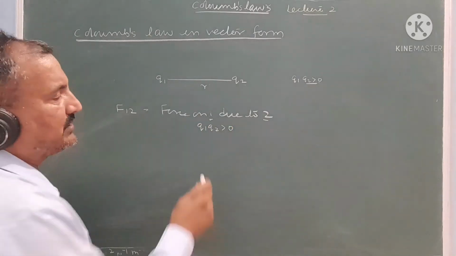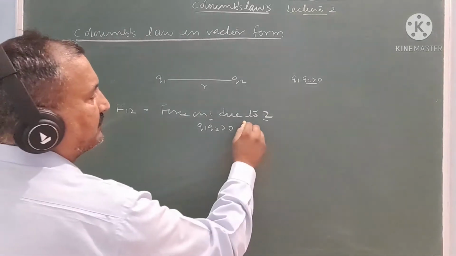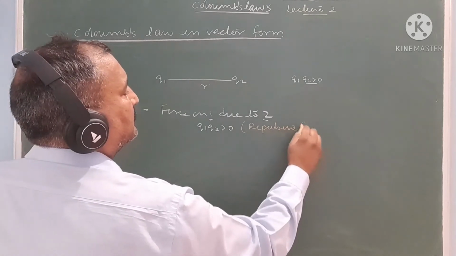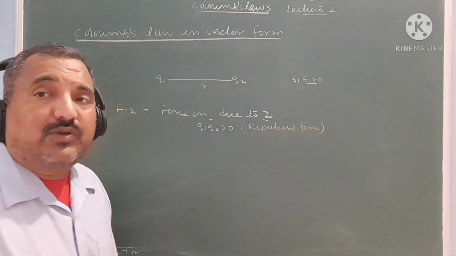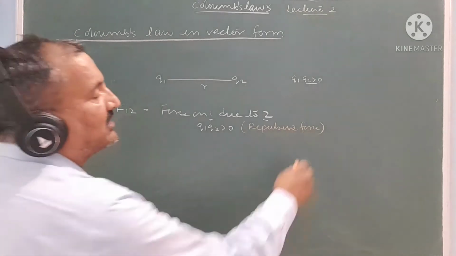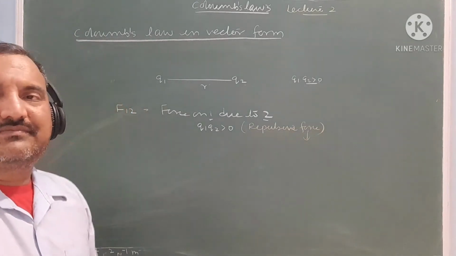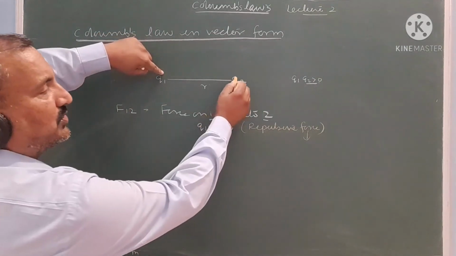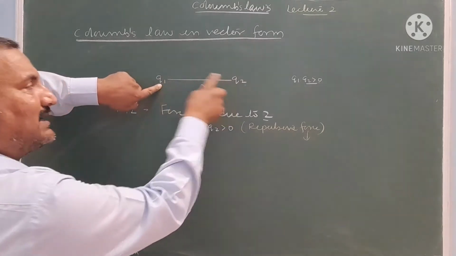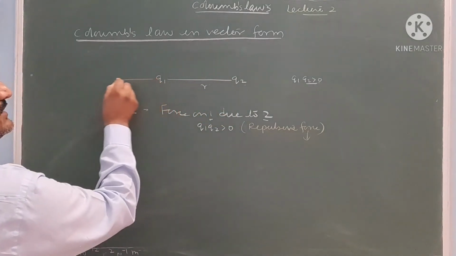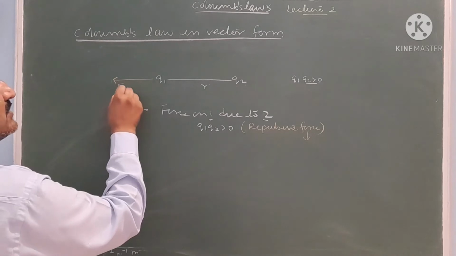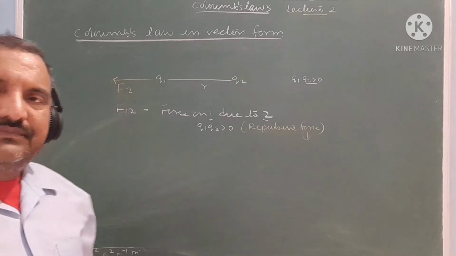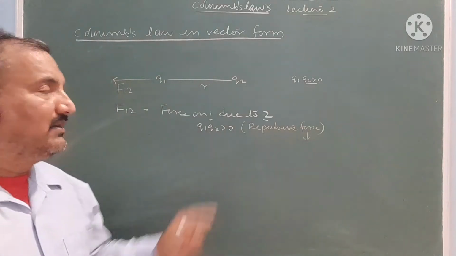It means repulsive force is there, and since we are talking of force, direction will be there. So force on 1 due to 2, this will be the direction. So we can write force 12, the direction will be away.